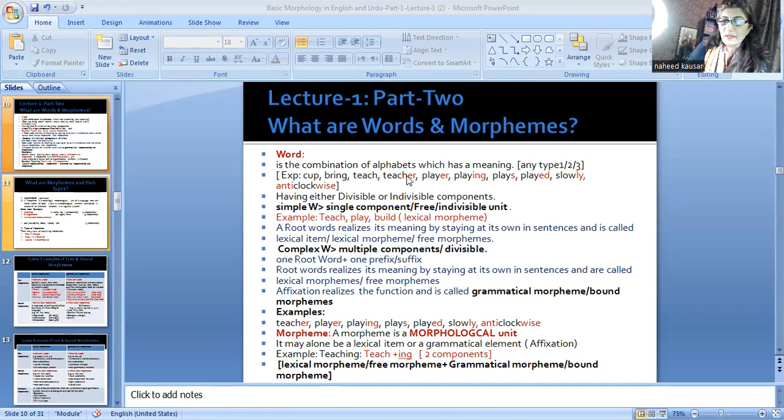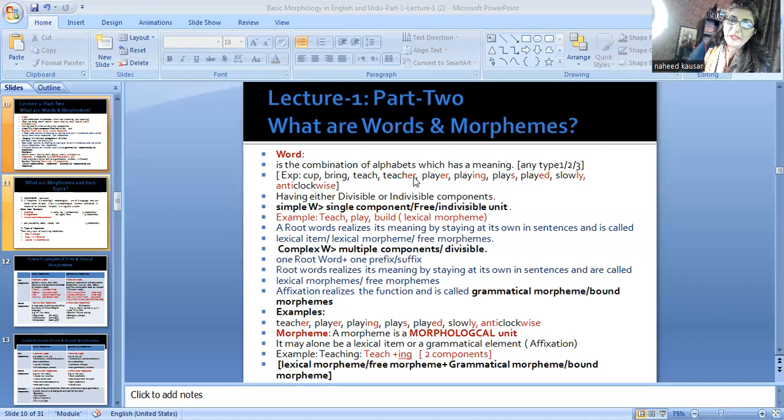But if we consider the word teacher, I have marked the parts in black and red ink to show that there are divisible components, teach and er.